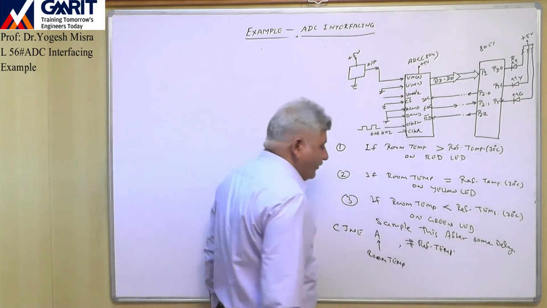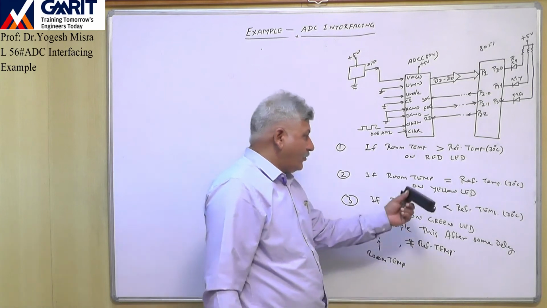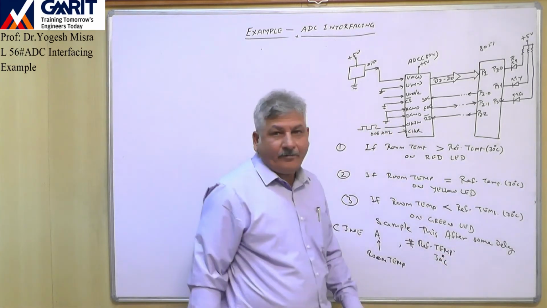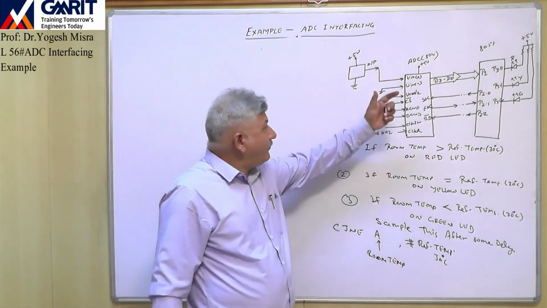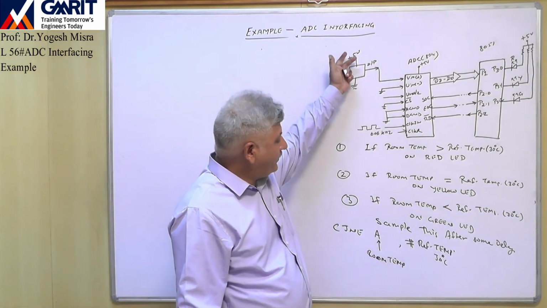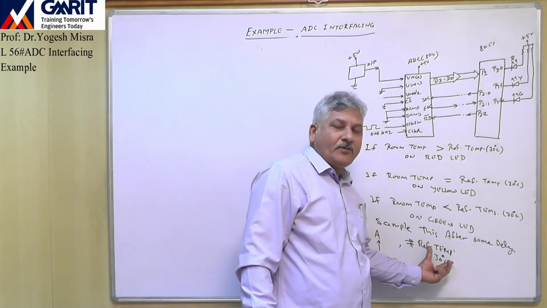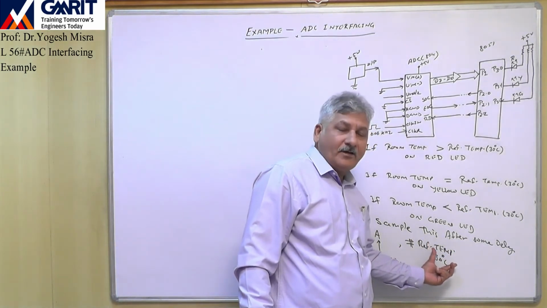Our reference temperature is 30 degrees Celsius. So if the reference temperature is 30 degrees Celsius, then in this instruction, what value should we use here for the 30 degrees Celsius?